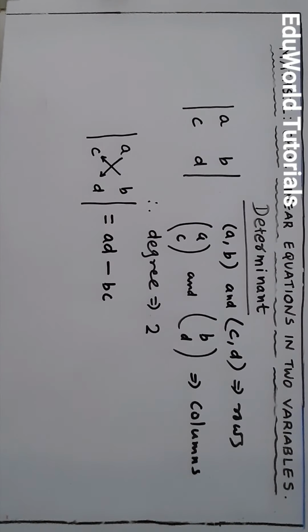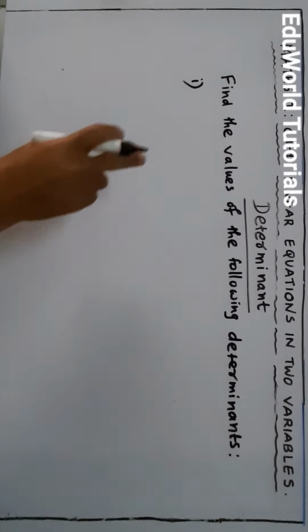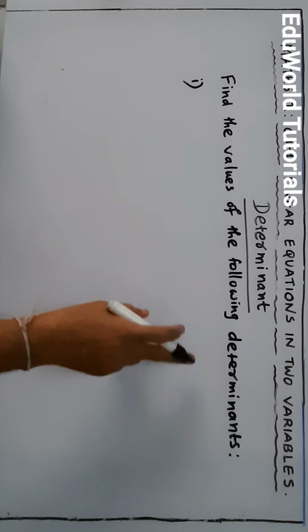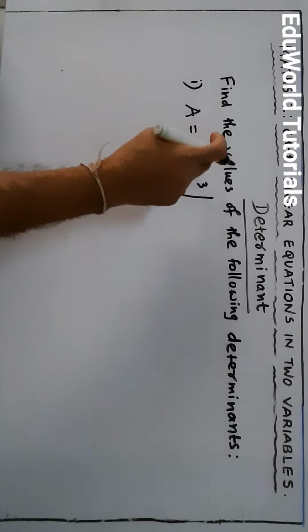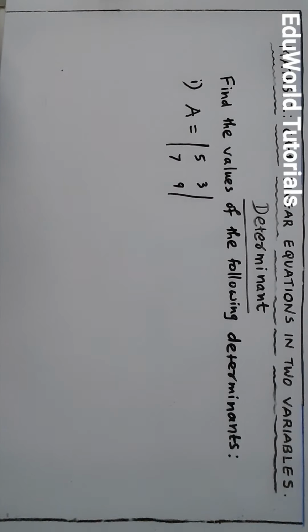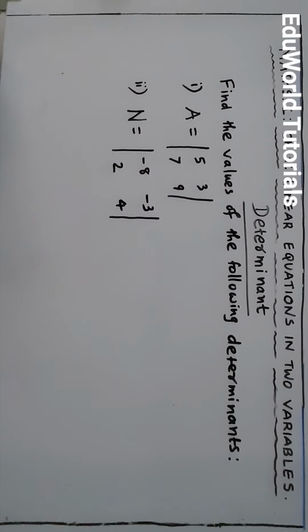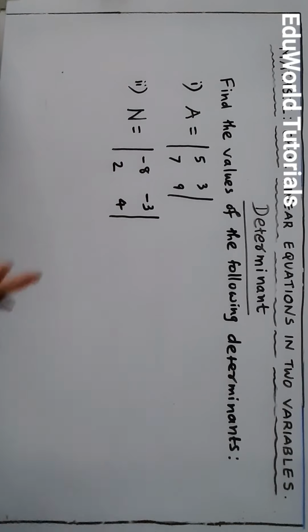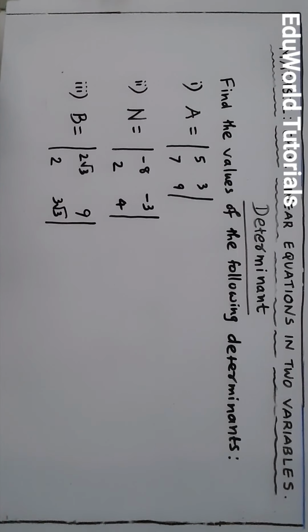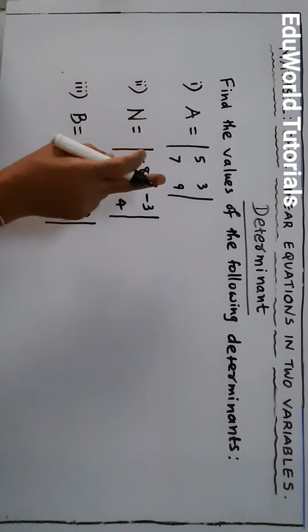I am writing the other examples. So the question is, find the values of the following determinants. The first one is A equal to 5, 7, 3, 9. The second one is N equal to minus 8, 2, minus 3, 4. And the third one is B equal to 2 root 3, 2, 9, 3 root 3. Now we will find the values of all.